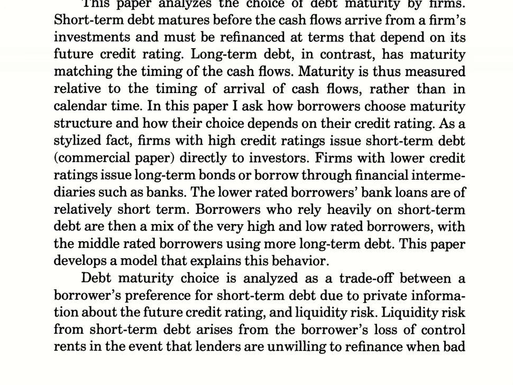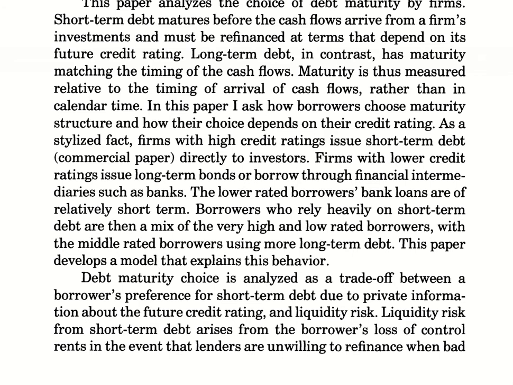The lower-rated borrowers' bank loans are relatively short-term. Borrowers who rely heavily on short-term debt are then a mix of the very high and low-rated borrowers, with the middle-rated borrowers using more long-term debt.